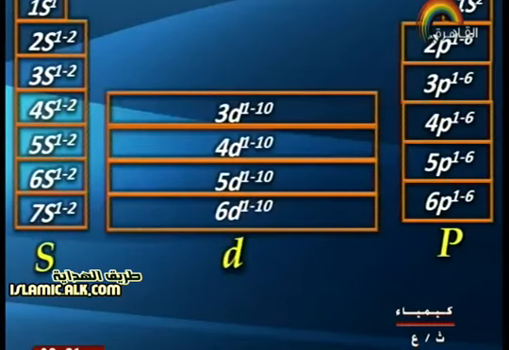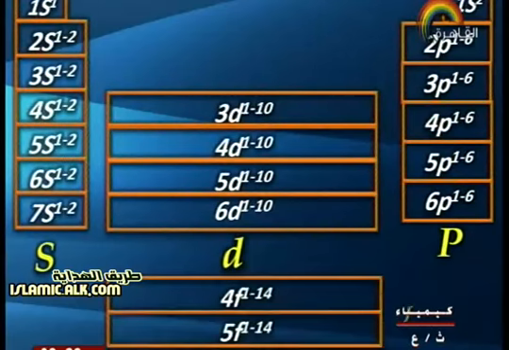Elements in the middle of the periodic table that end by filling the D sublevel are called D block elements, and elements that fill the F sublevel are found below the periodic table, as shown on the screen.